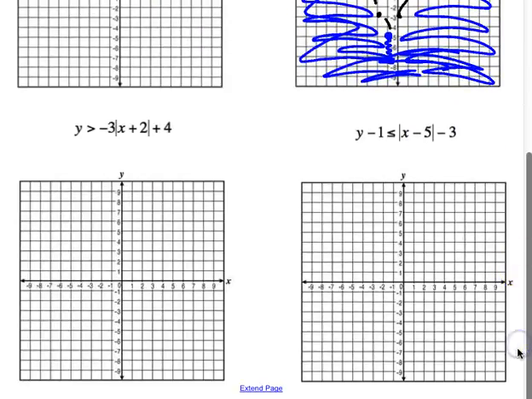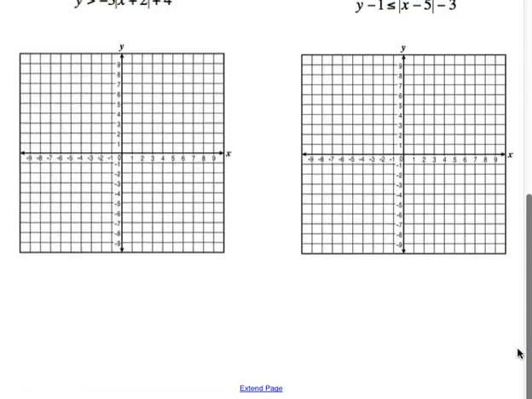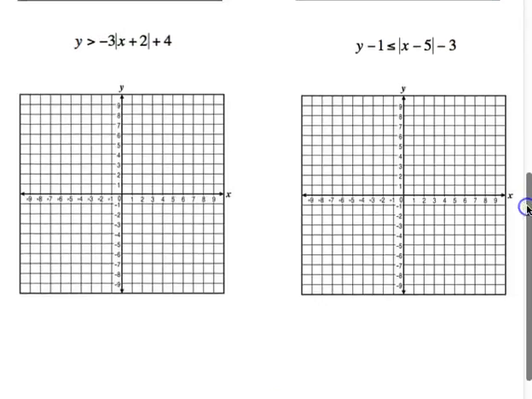All right, let's take a look and refresh our memories on this next one. Here I'm going 2 to the left and 4 up. The first thing you do is look at your transformations. 2 left, 4 up leaves me there.